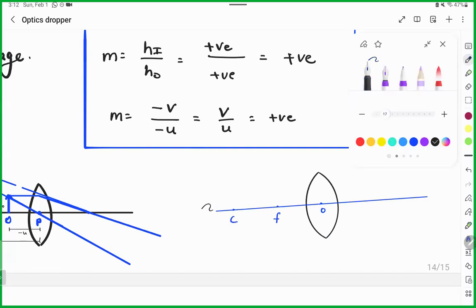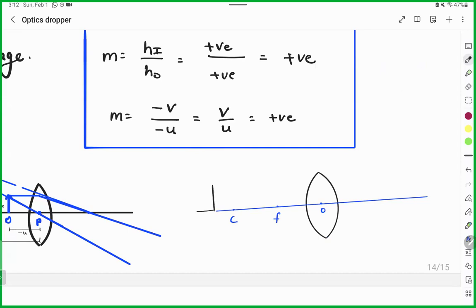If you place your object here, height of the object is positive. What will happen if anything is parallel? It will pass through the focus. So here the image is formed. And in this case, you can see height of the image is negative.